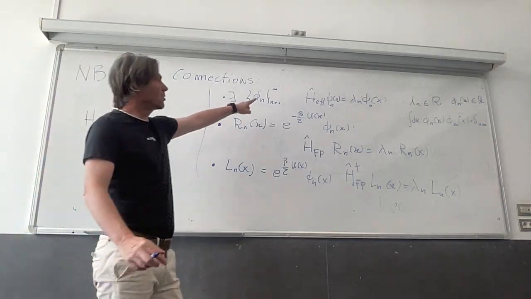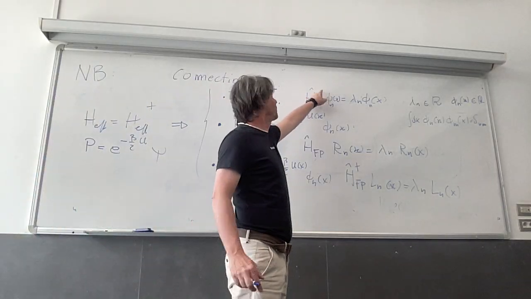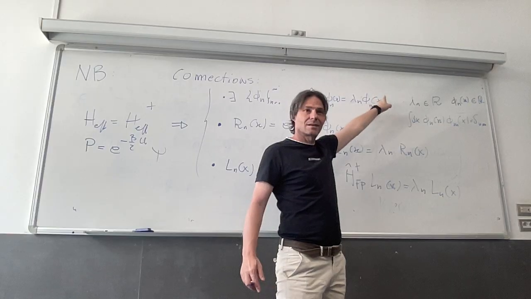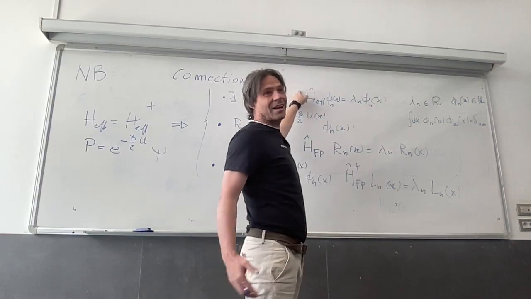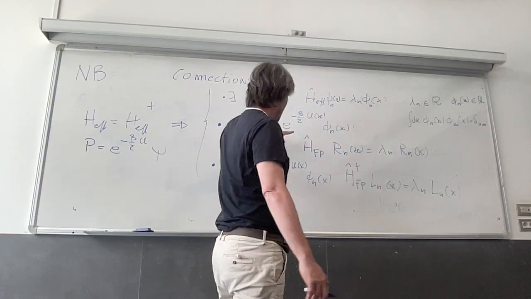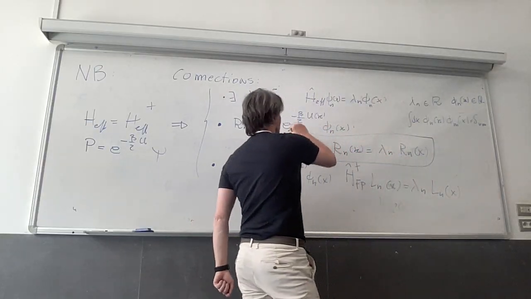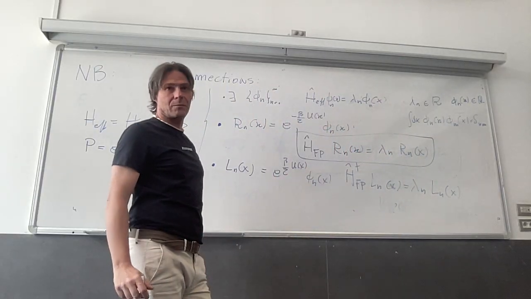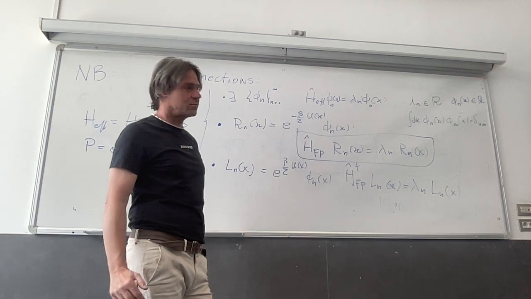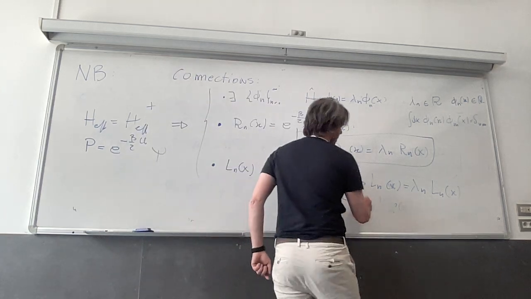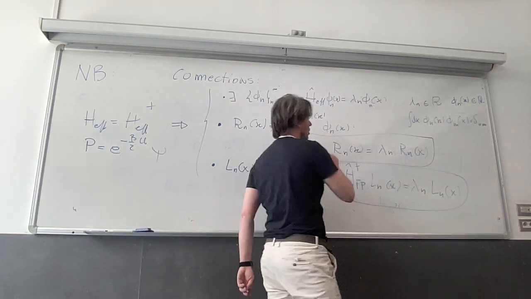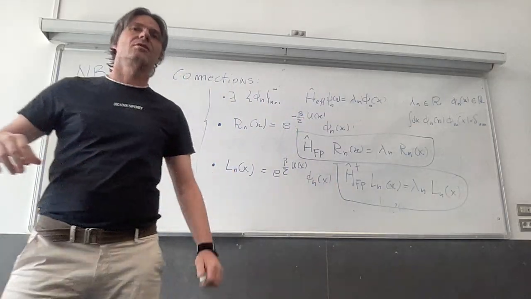I'm basically using this equation, multiplying by appropriate factors. No, they're not phases, they are these factors. And I'm getting this equation, which tells us something about the Fokker-Planck operator's spectrum, and this equation that tells us something about the adjoint Fokker-Planck operator's spectrum.